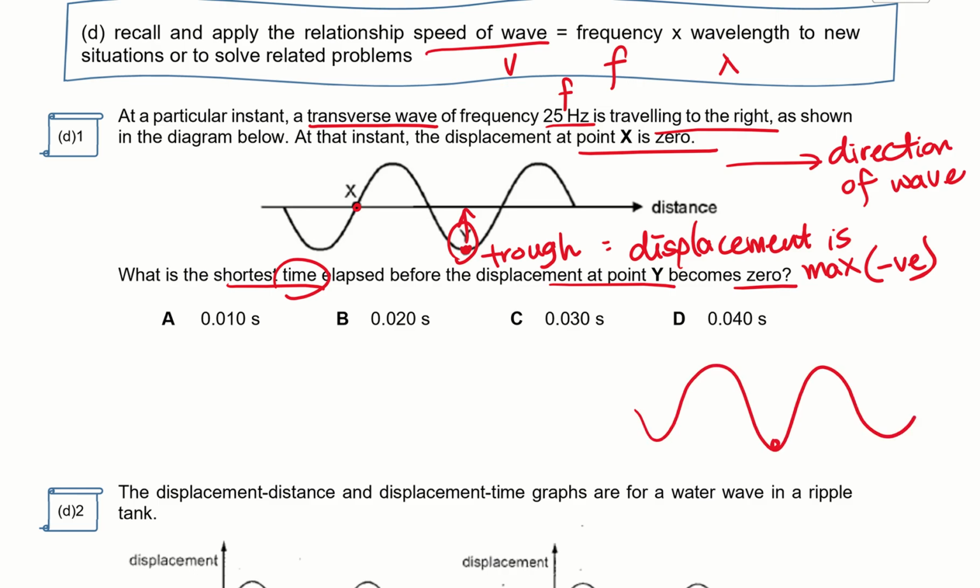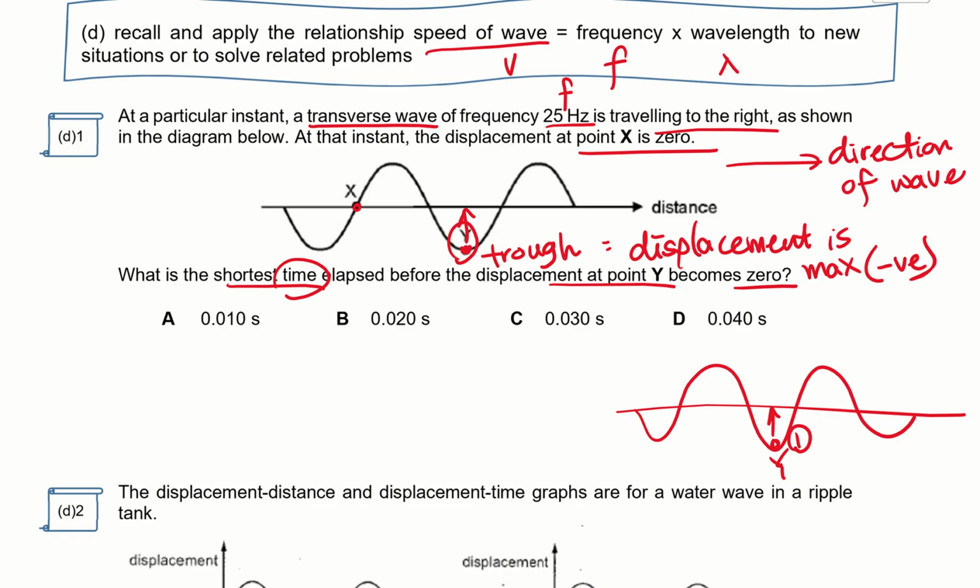If this is Y, it actually has to go up. So this is our step 1. But it wouldn't stop at this rest position, because it has not completed one wave. Remember, we want particle Y to actually go through a complete oscillation.